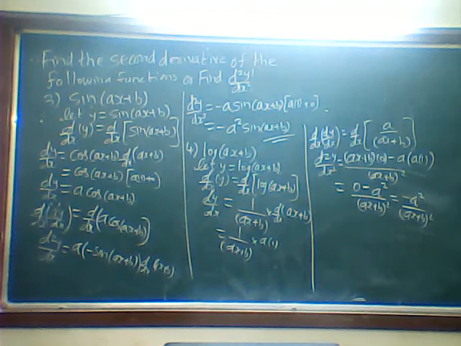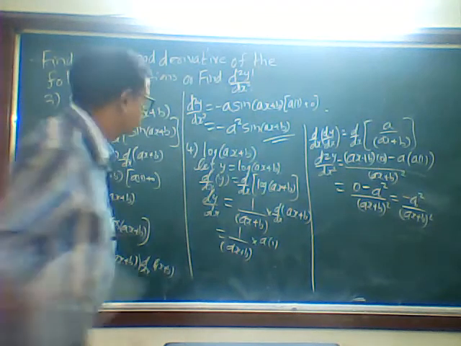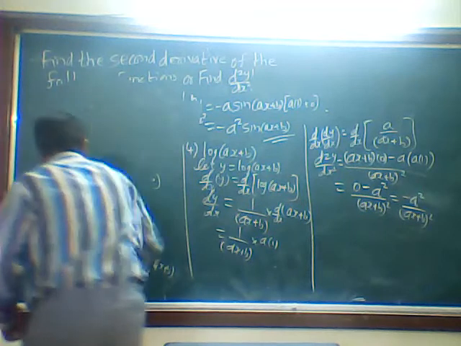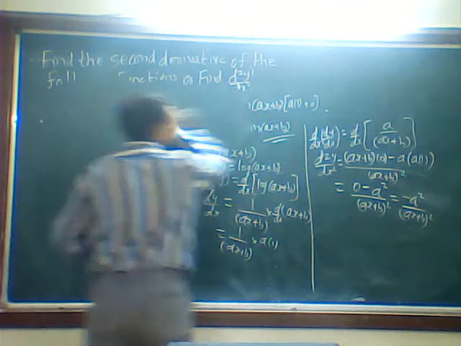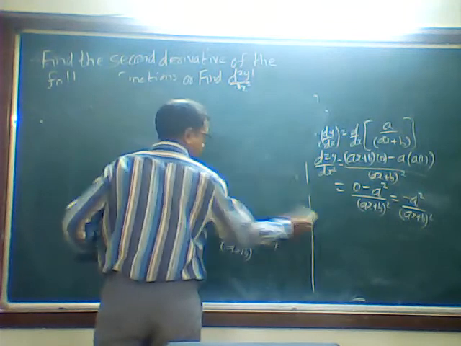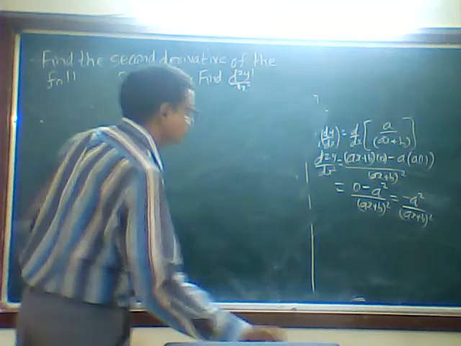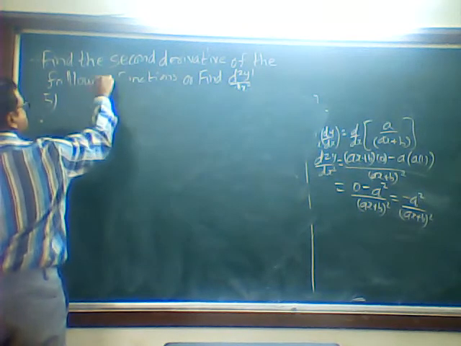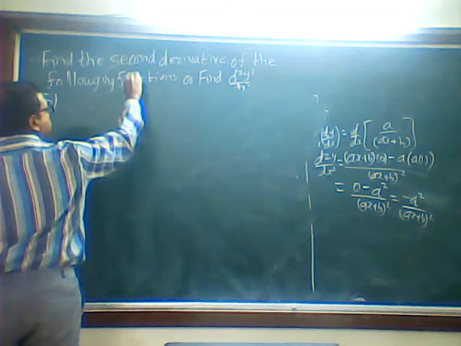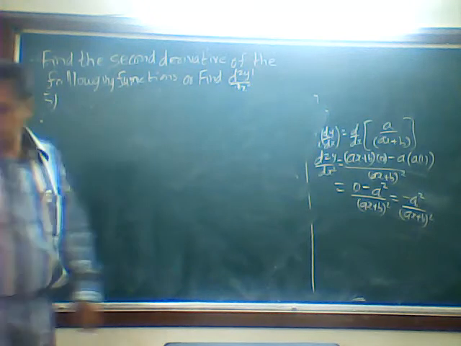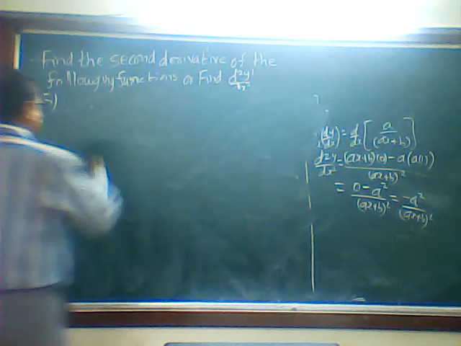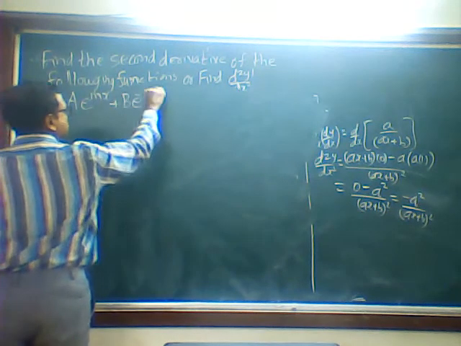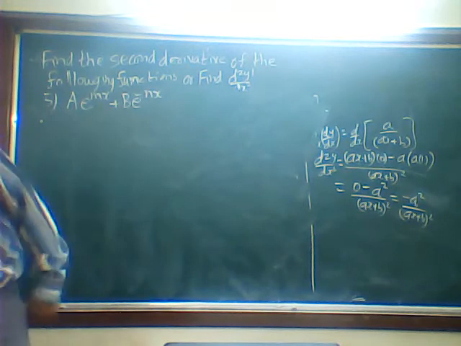That's a into e raised to mx. Fifth one, a into e raised to mx plus b into e raised to minus nx.